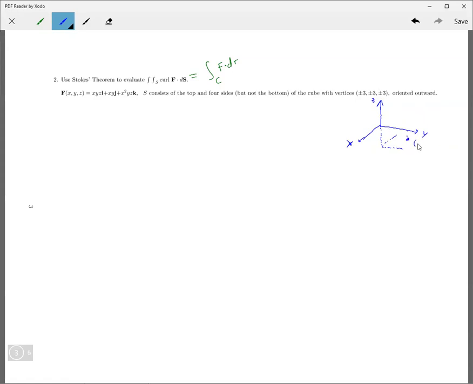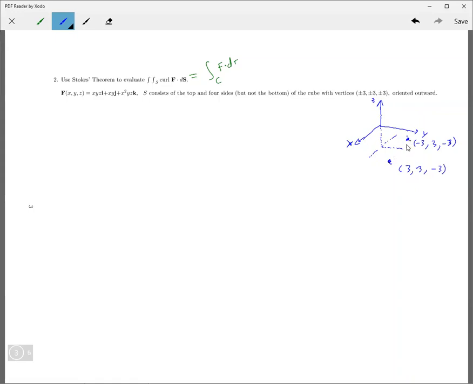Maybe the coordinates here would be, the X direction is -3, because this is positive X coming this way, but it's back there. The Y direction is +3, and the Z direction is -3, right there. That would be one vertex. Coming this way would get you another vertex, and the difference here would be that the X is positive also.